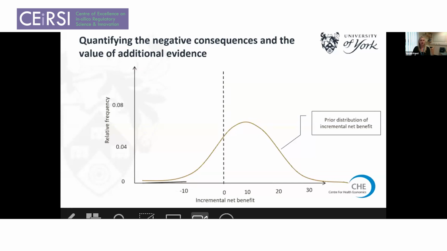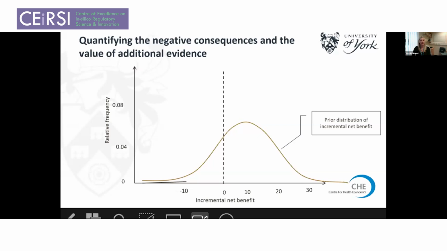So in this example, the brown line indicates the probability distribution of incremental net benefit. We assume that the new medical intervention has a positive expected incremental net benefit. Consequently, the results indicate that we should approve this intervention.